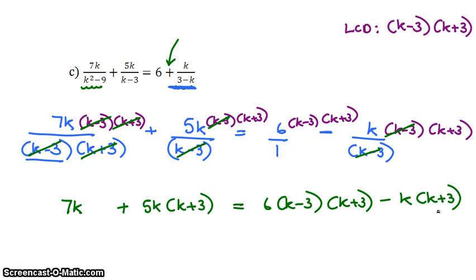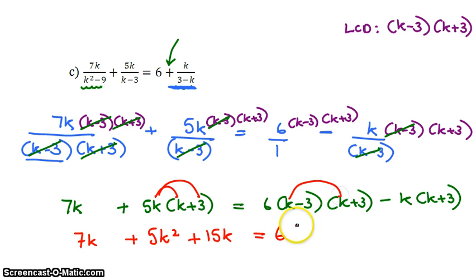Now this looks very similar to my previous example. Could be quadratic. Let's multiply out and collect like terms. So 7k plus 5k squared plus 15k equals 6k squared plus 3k minus 3k, which I expected, and minus 9.